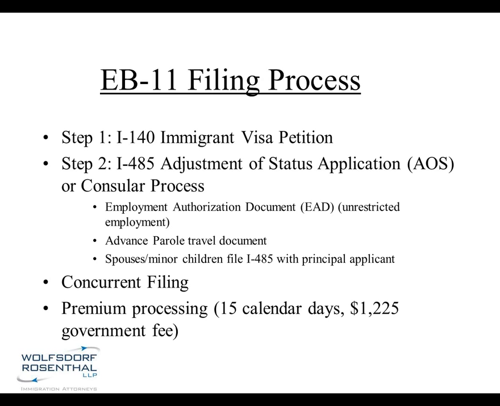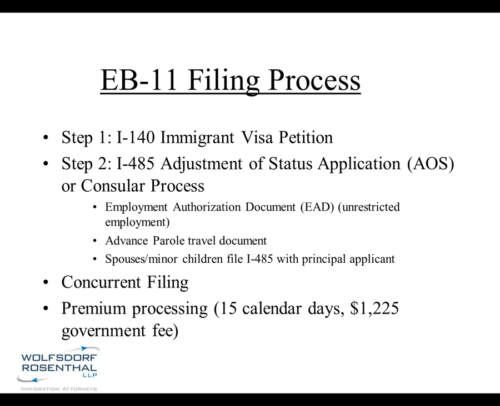The second step is the actual green card application. If you're within the U.S., you can file what's called an I-485 application for adjustment of status. If you're abroad, you're going to consular process. Now, the really nice thing about the I-485 application is that when you file it, you can also request, as part of the same filing fee, you don't have to pay any extra, an employment authorization document and an advance parole travel document.